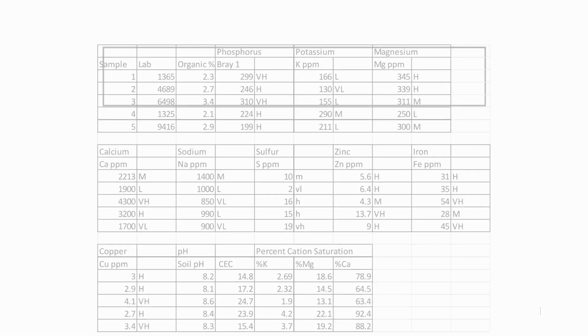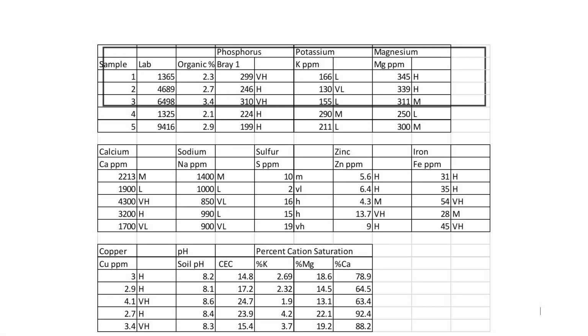pH. Yep. So whenever I show this to folks that haven't been in the industry very long, they'll focus on very highs or lows, right? But y'all have done this for the most part quite a bit. So soil pH, the most neutral pH is 8.1 in this.